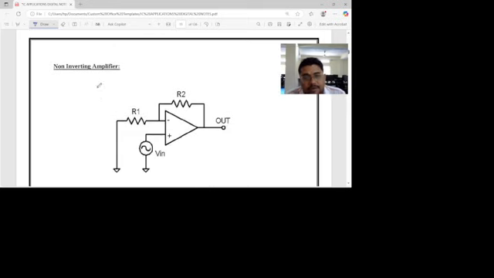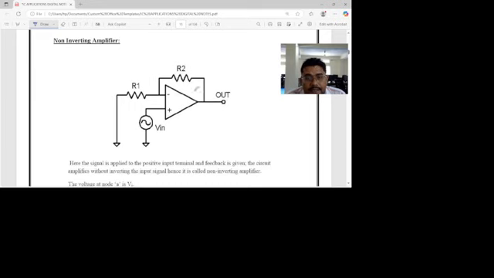Second, we will discuss the non-inverting amplifier. Here the inverting terminal is grounded and the input is provided to the positive terminal, or non-inverting terminal. This is the feedback resistance and this is the input resistance.